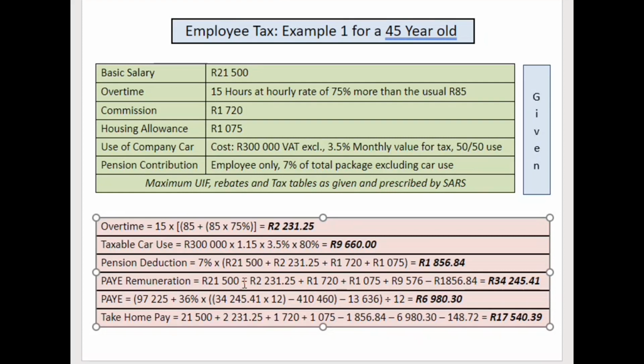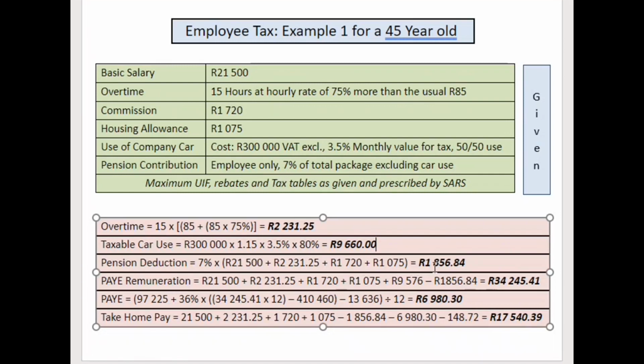Then, now we can calculate our pay-as-you-earn remuneration. Okay? And the way we have done that, we add all of those amounts that we had in there, the 21,500, the 2,231. But then when it comes to the minus, we must minus the pension contribution.